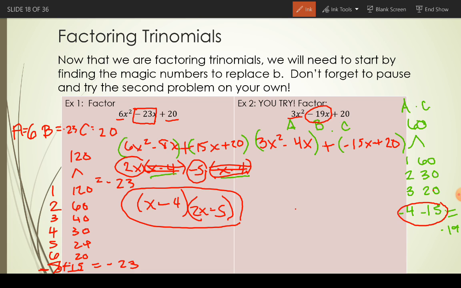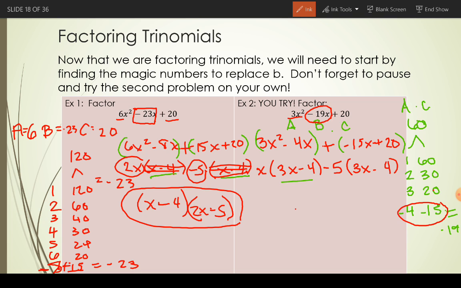So from our first two, we can take out just an x, and we're left with 3x minus 4. Okay. From negative 15x and 20, we can take out a negative 5. And when we do this, we're left with 3x minus 4. Okay.